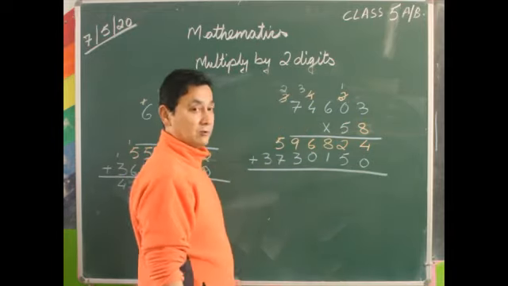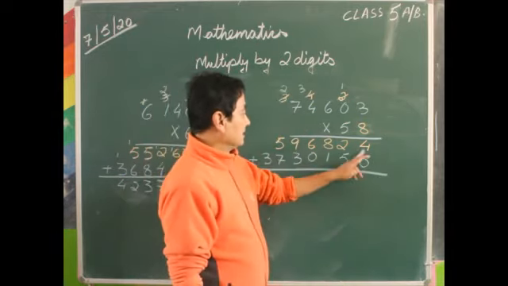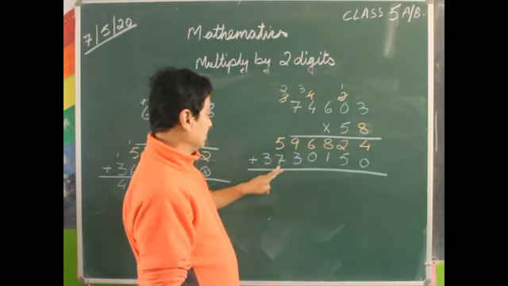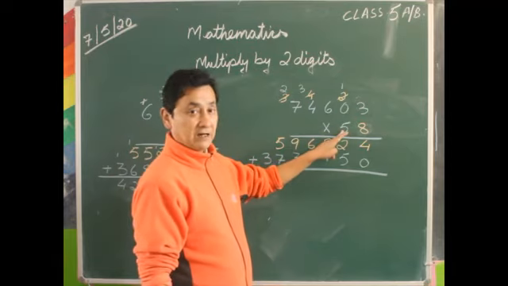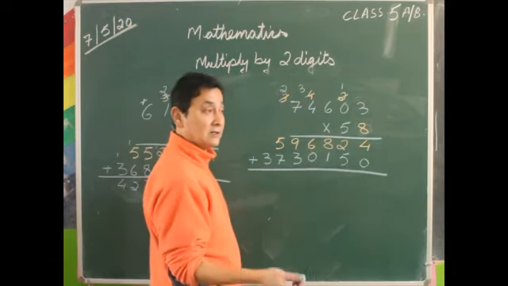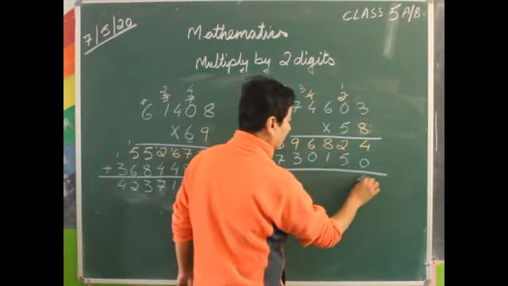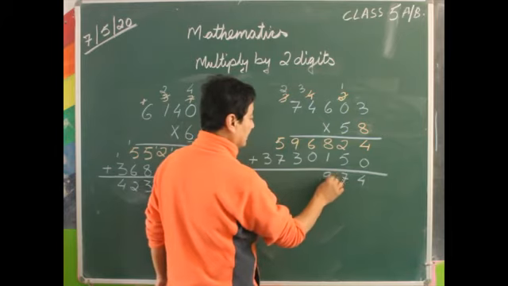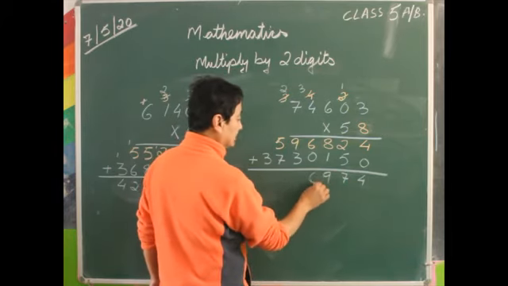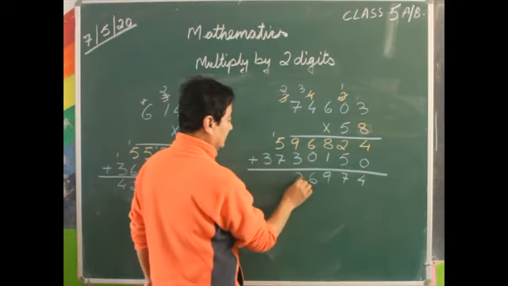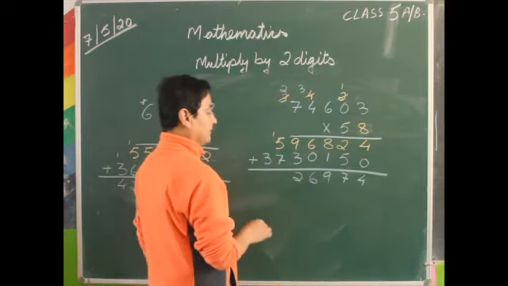So again, let me go back. This answer we got by multiplying by 8. This answer we got by multiplying by 5. And don't forget to put a 0 or a cross. Now what should we do? Add. Good. 4. 5 plus 2, 7. 8 plus 1, 9. 6 plus 0, 6. 9 plus 3, 12. 7 plus 5, 12.